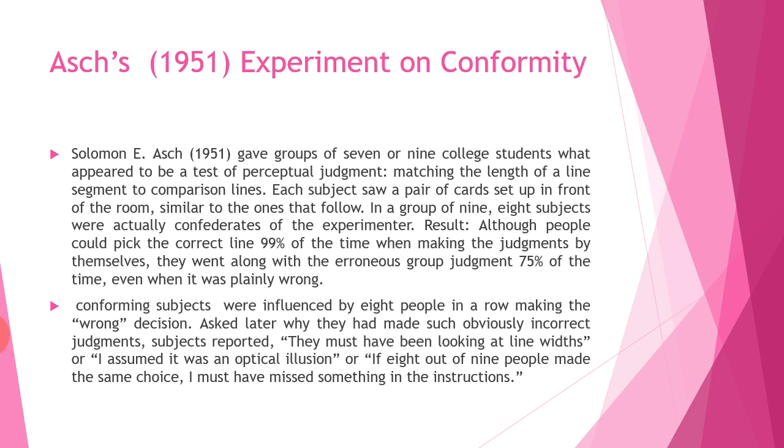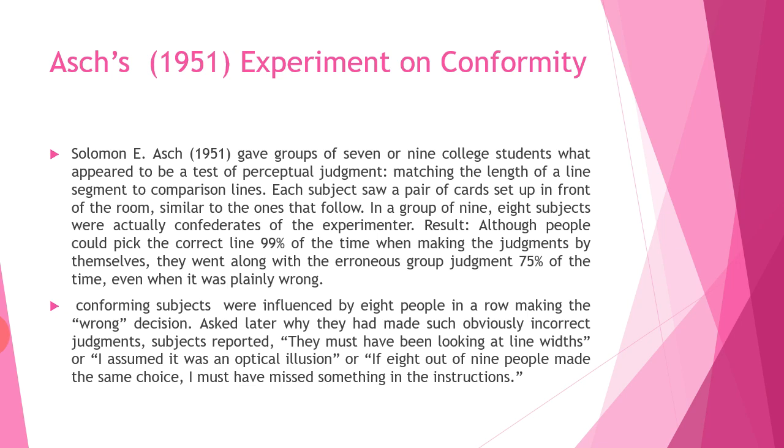The correct line was very evident, but the 8 subjects who were the real confederates of the experimenter responded incorrectly. The conforming subjects did not fool themselves into thinking the wrong line was equal to the standard line. They could see the difference also. They were influenced by the 8 people in a row making the wrong decision.